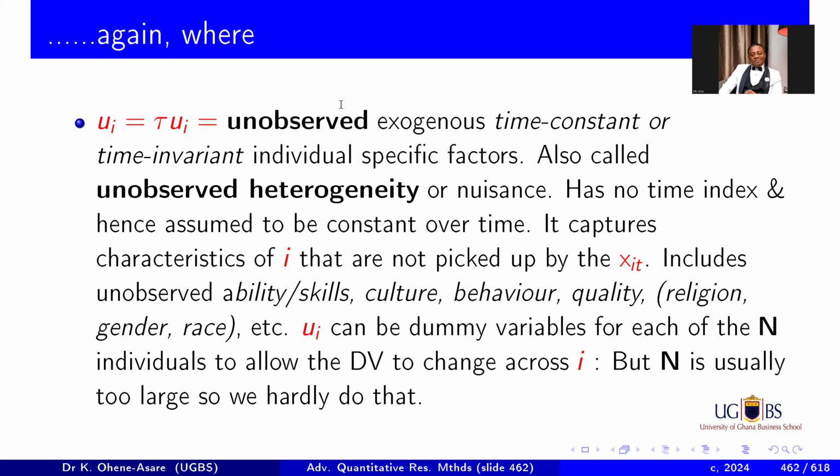It captures the characteristics that are not picked up by the independent variables, and it includes special ability. Somebody is getting a lot of salary increase, not necessarily because of his position, but more because of the person's special skills, his ability, his culture, his behavior. For example, some people with certain cultures are known to be very athletic.